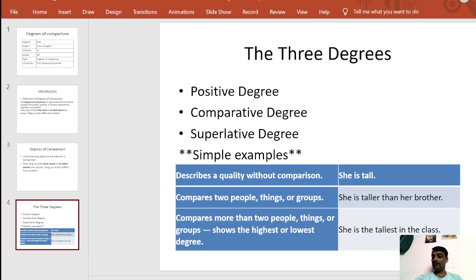What is the superlative degree? It compares more than two people, not only two, more than two people, things, or groups, and it shows only one among all. Maybe the perfect, maybe the highest, maybe the lowest, like that.